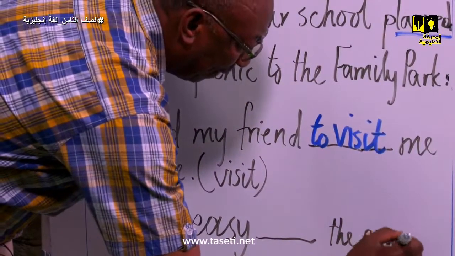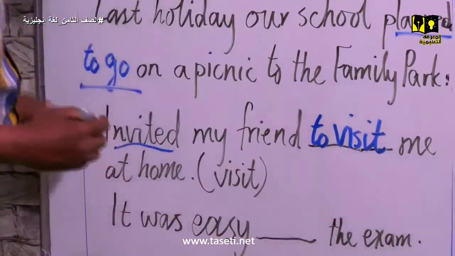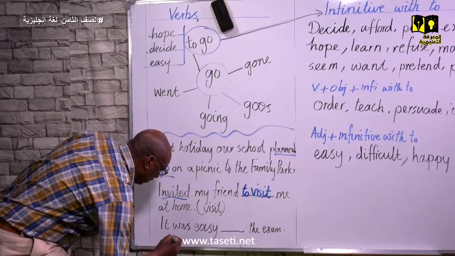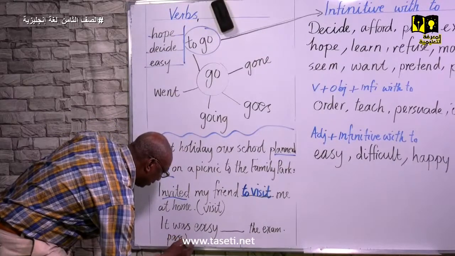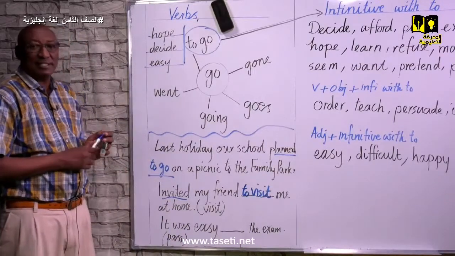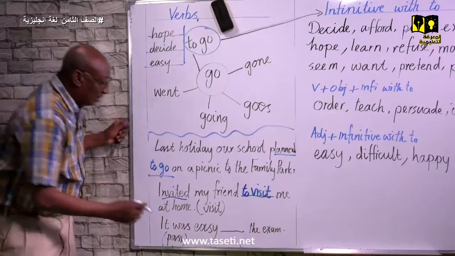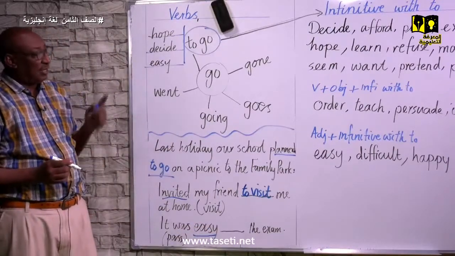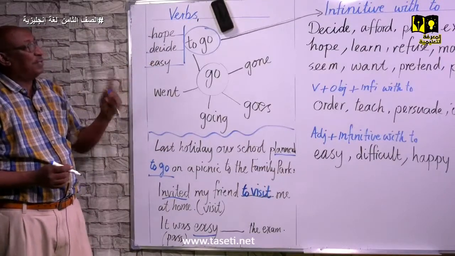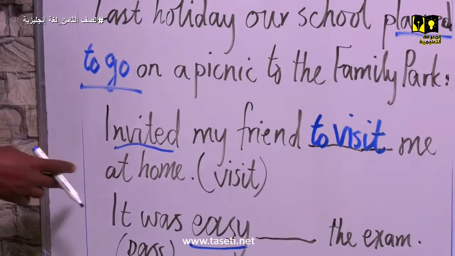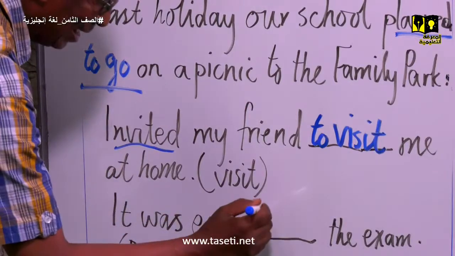Okay, full stop. The verb here is pass, P-A-S-S, right? So we look at the sentence first. We get the adjective easy, right, before the verb. And in our rule there, when using infinitive with to, when there is an adjective, it must be followed by the infinitive with to. Right, you say it was easy to pass the exam.